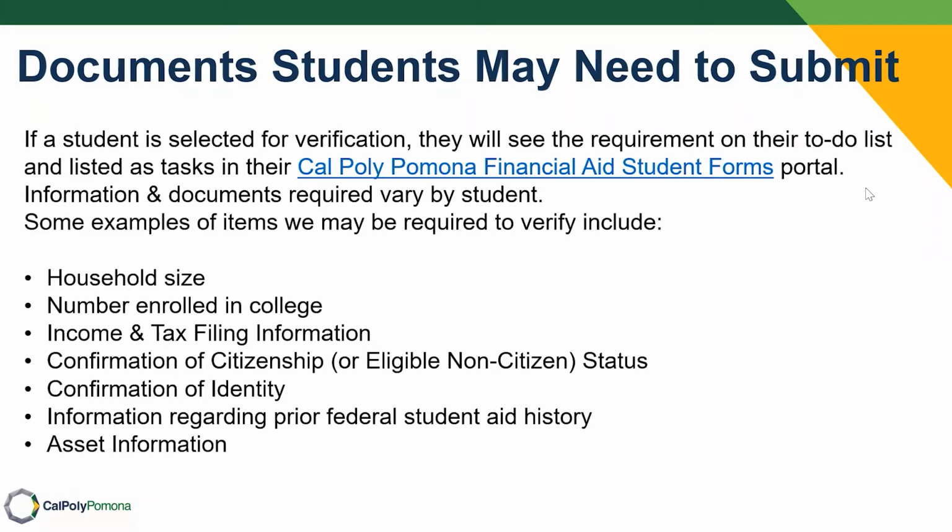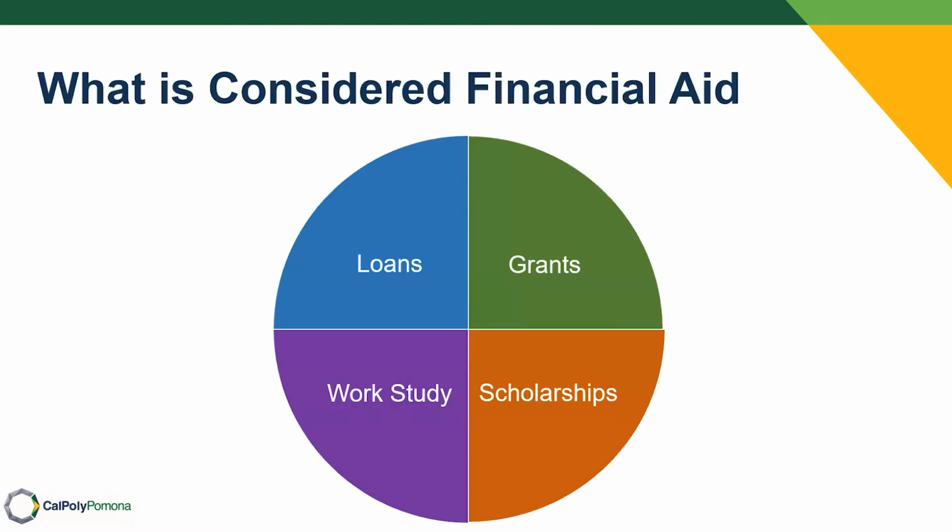That could be for FAFSA or for DREAM Act. So that might be household size, number enrolled in college, the income and tax filing information. It could be confirmation of citizenship or eligible non-citizenship status, confirmation of identity, information regarding prior federal student aid history, or your asset information.